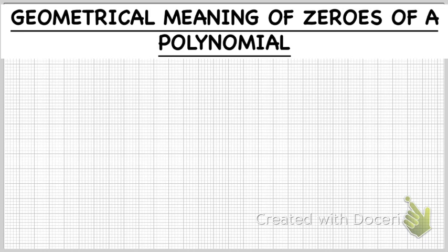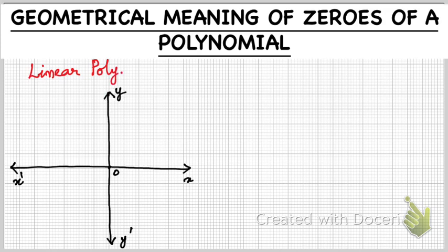What we have already learned is that for any linear polynomial, if we plot a graph, you are always going to get a straight line which will cut the x-axis at one particular point.